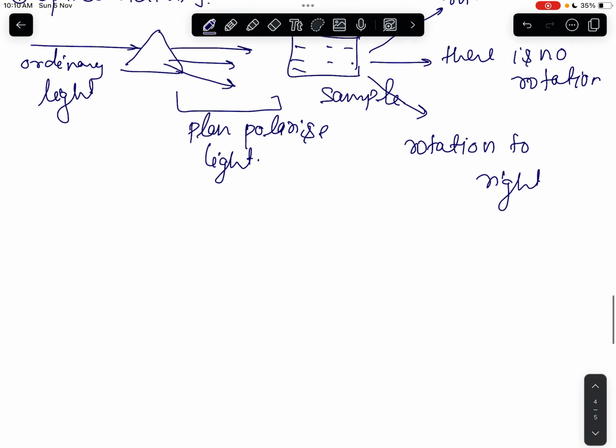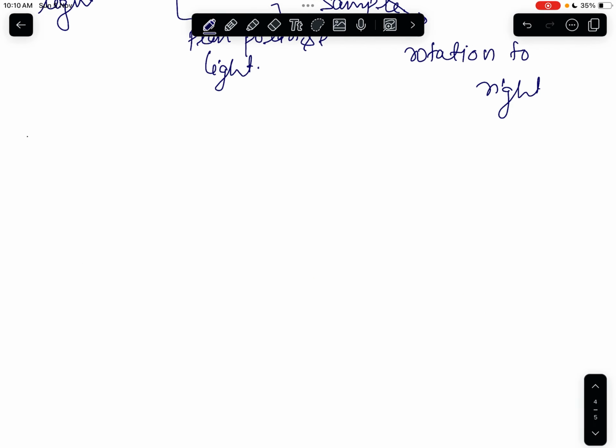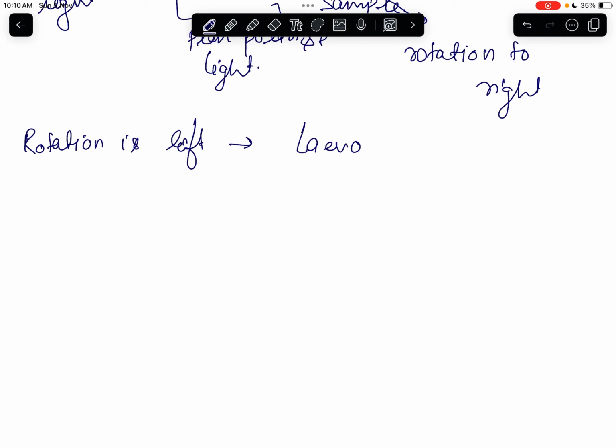So we can understand, if rotation is left, we call this levo rotatory, and we indicate it by a minus sign in front of the degree of rotation, for example like this, and it is optically active.